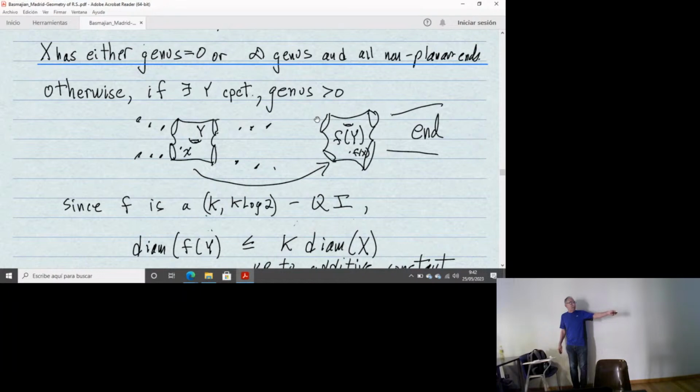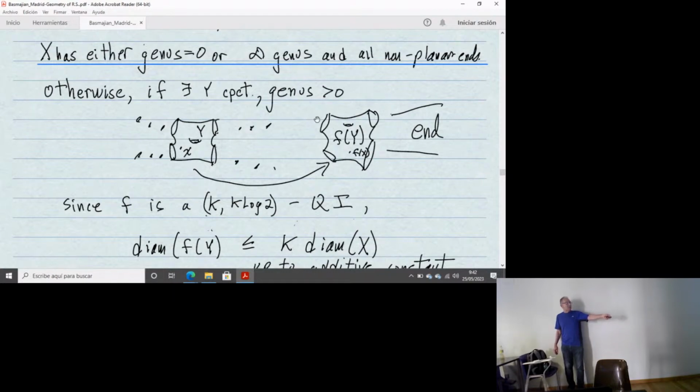So the diameter of this image is bounded from above by the QC constant times the diameter. What did I write? This should be y up here. Sorry.